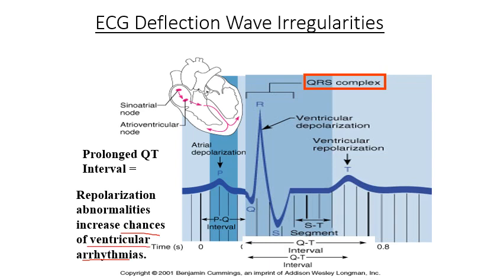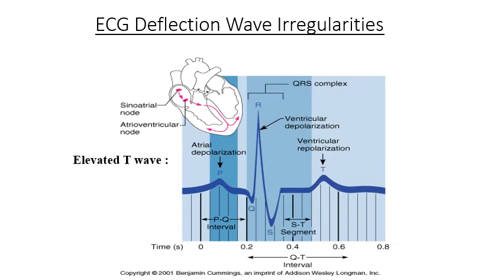When repolarization is abnormal and takes longer to occur, that gives other excitable nodal tissues or parts of the conductive system the chance to generate electrical potential that will cause irregularities in the rhythm.